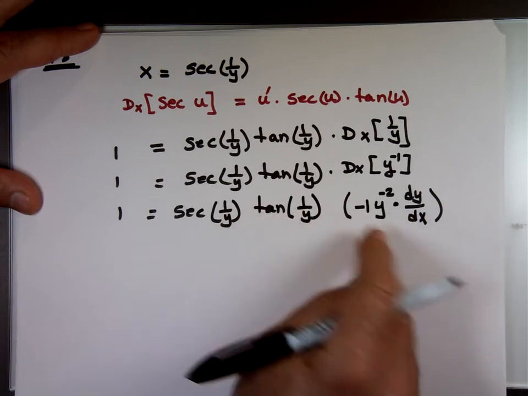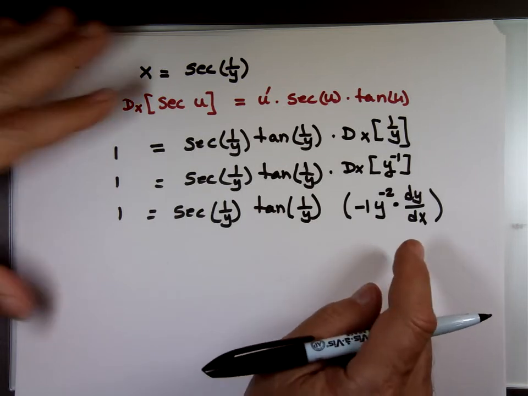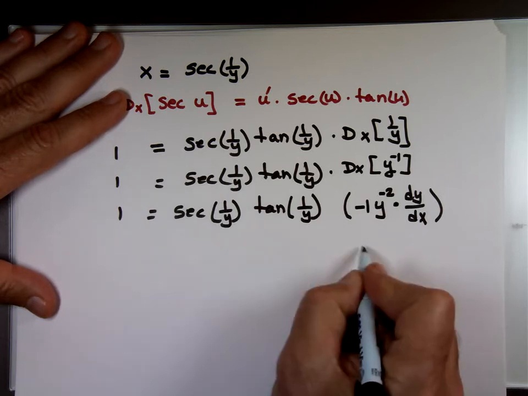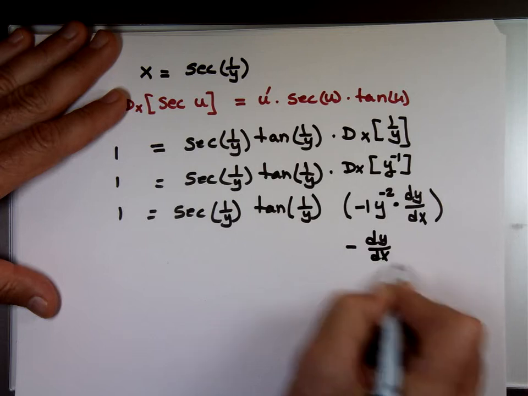And you can rewrite that as minus dy dx, the whole thing divided by y squared.